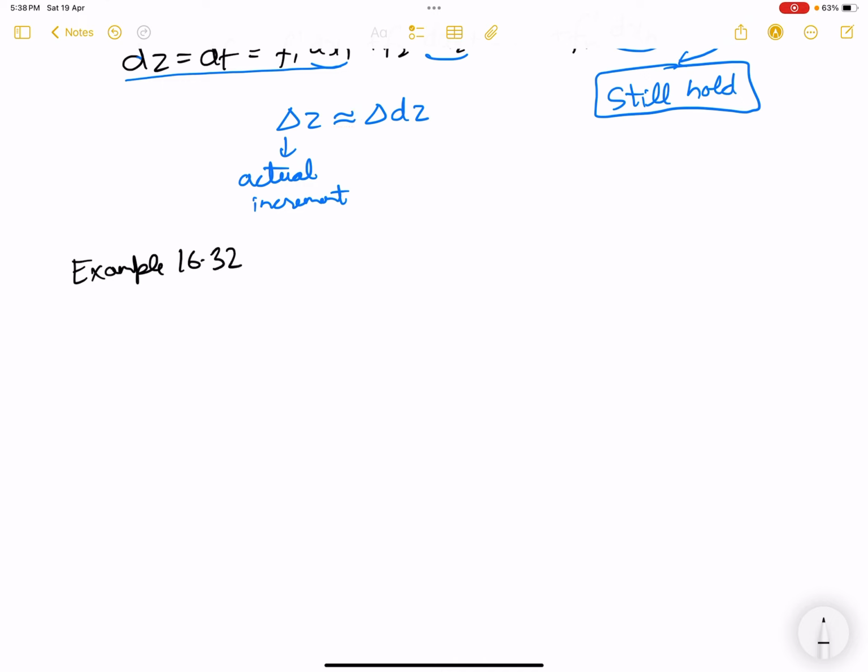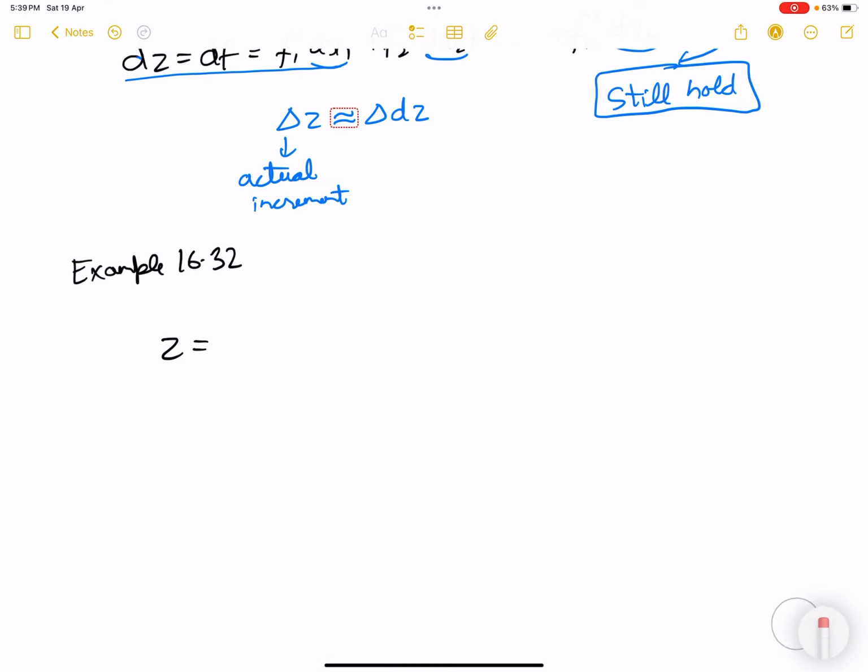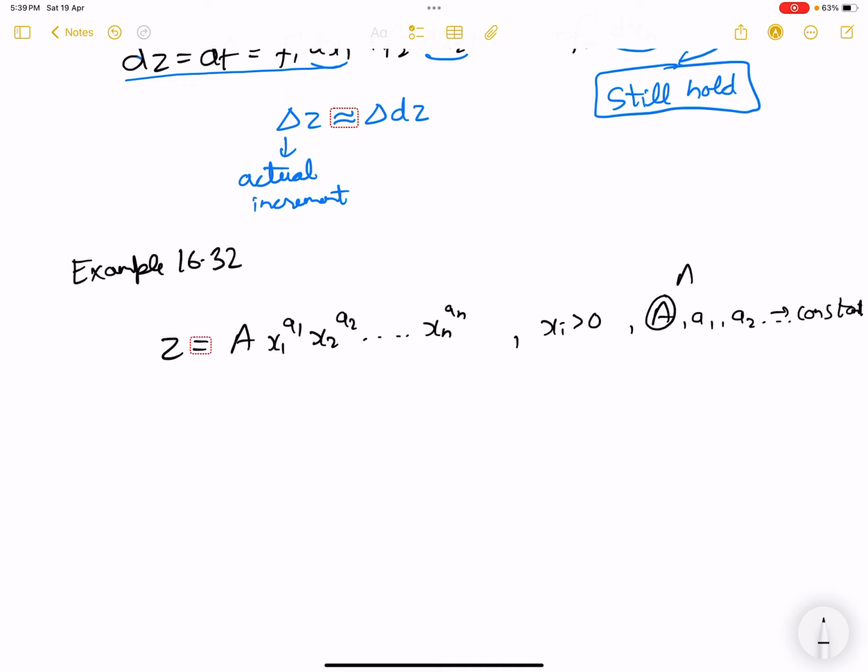16.32. So what we have is z equals to A x1 to the power a1, x2 to the power a2, till xn to the power an, where all xi's are greater than 0 and capital A, a1, a2 all are constant till an, and A is greater than 0.